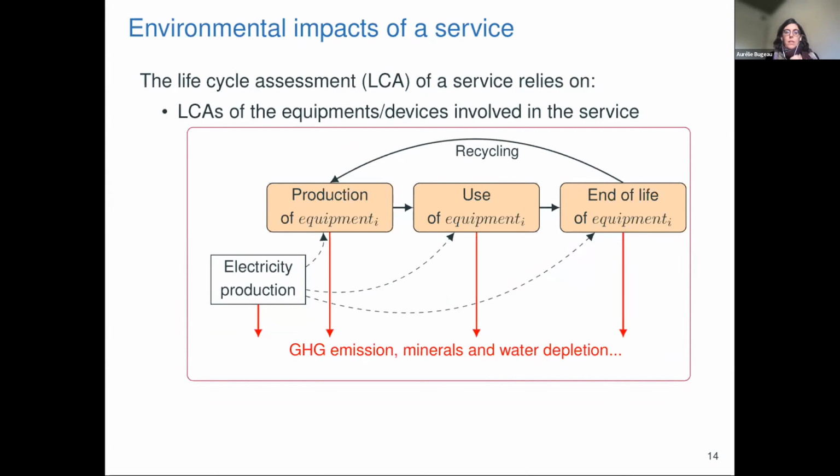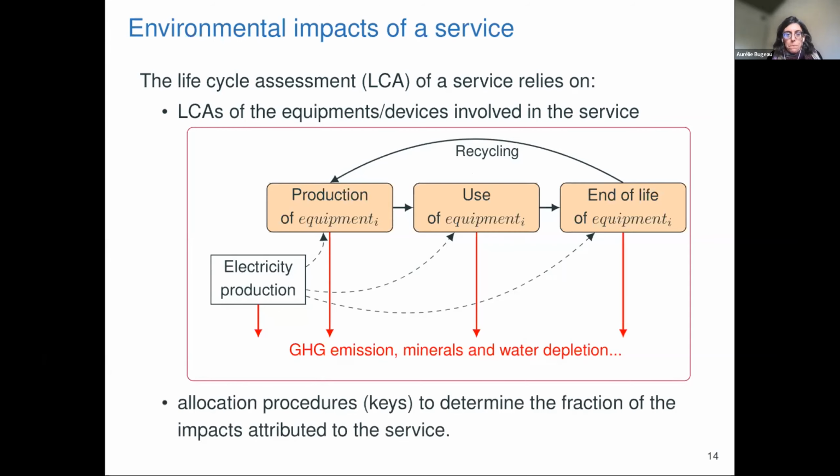There are methodologies made to look at that. You must look at what is used to realize those phases and the impacts it has, such as greenhouse gas emissions, mineral or water depletion, and so on.